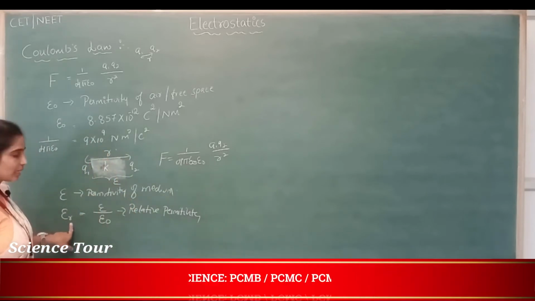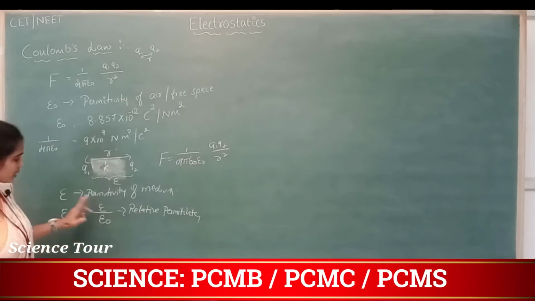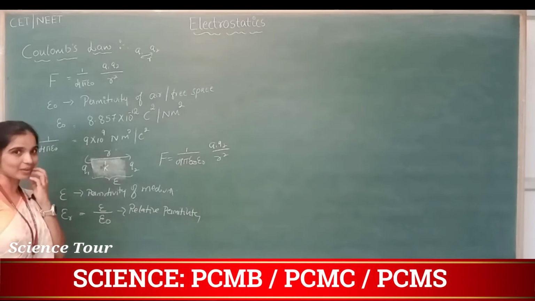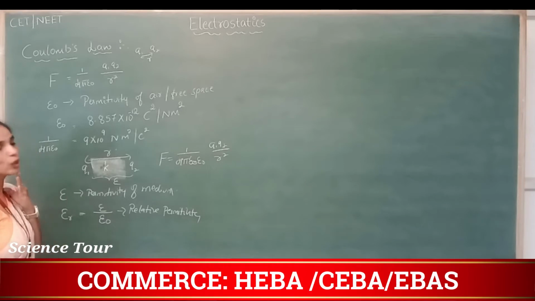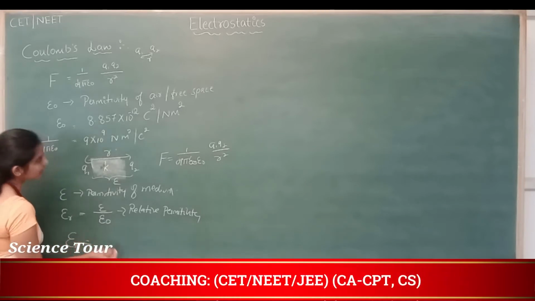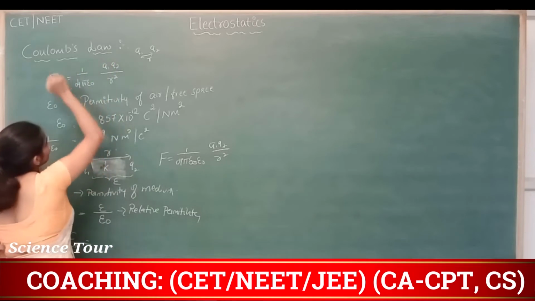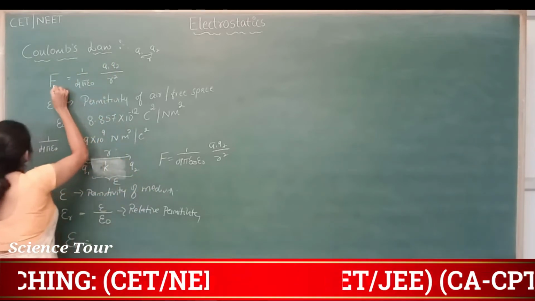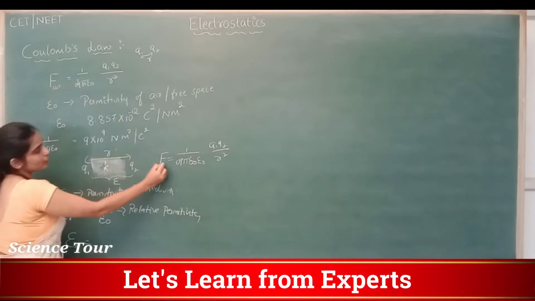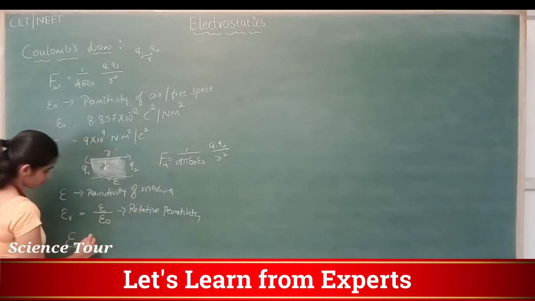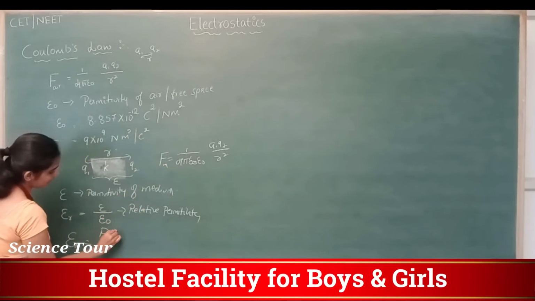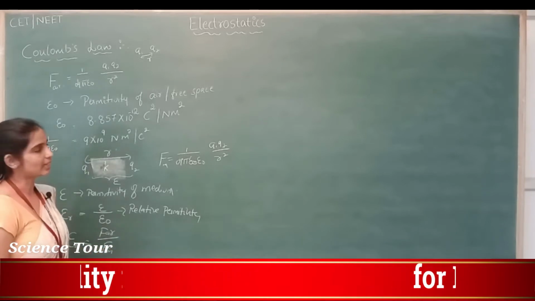Epsilon r is nothing but relative permittivity, equal to epsilon divided by epsilon naught. In other words, this is the force in air, and this is the force in the medium. So F in air divided by F in medium is also the relative permittivity.